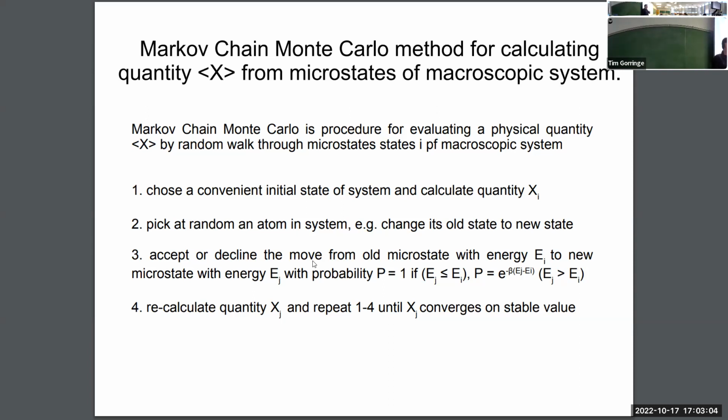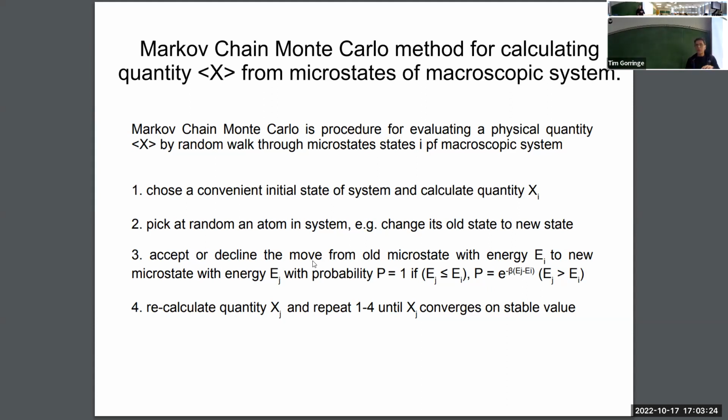If the energy has decreased, then we will always accept it. The only reason you wouldn't accept it is if you're trying to decrease the energy below the ground state. Then you couldn't accept it. So that's the rule for decreasing the energy.